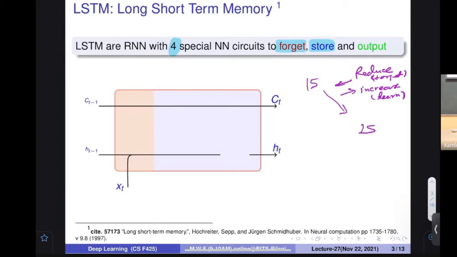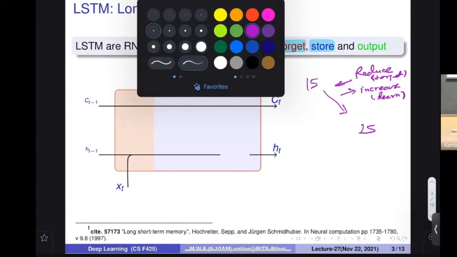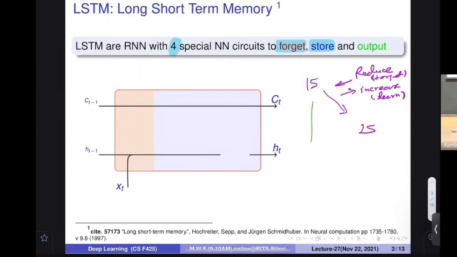So how can I get this 25? How can I reduce this to get 25? Any idea? So you can think that I don't forget anything. I can increase. Now, multiple ways are possible. You can say that I'm not going to forget anything, I'm going to increase 15 plus 10.